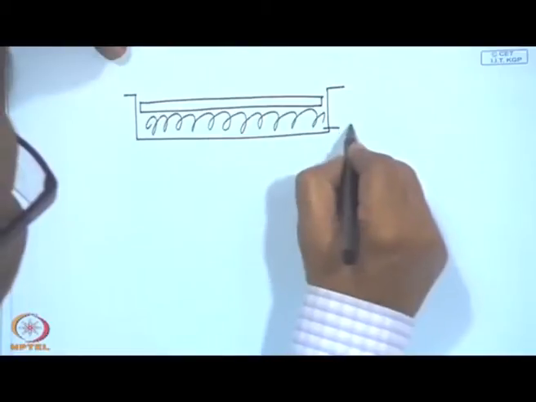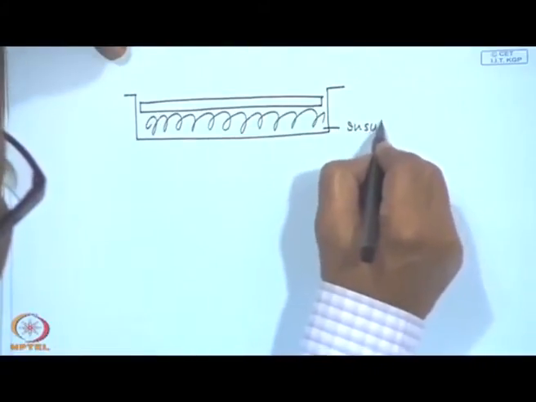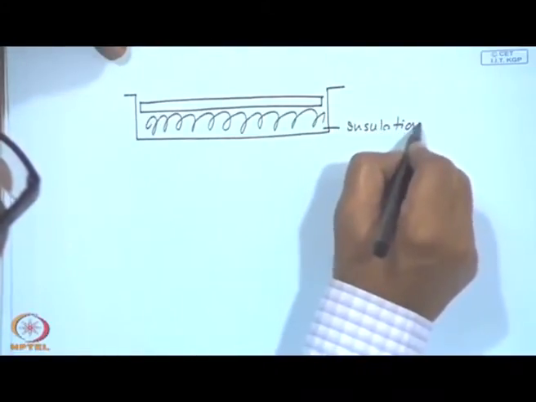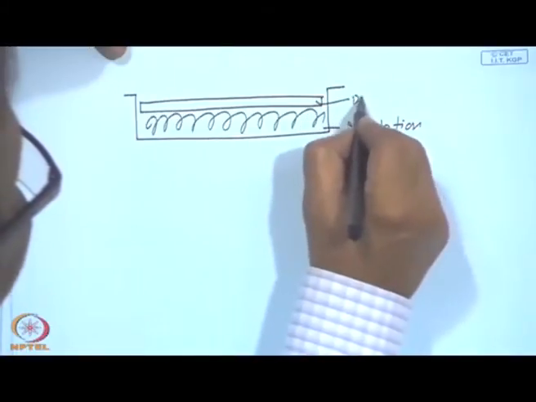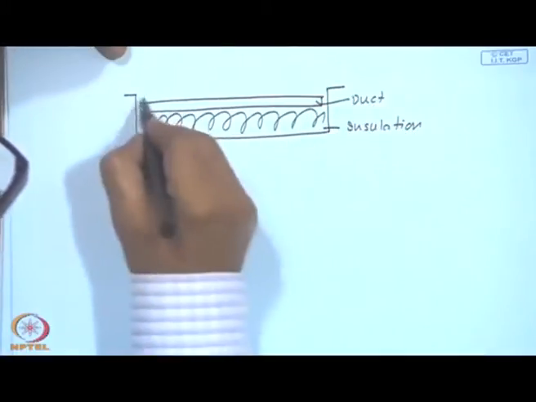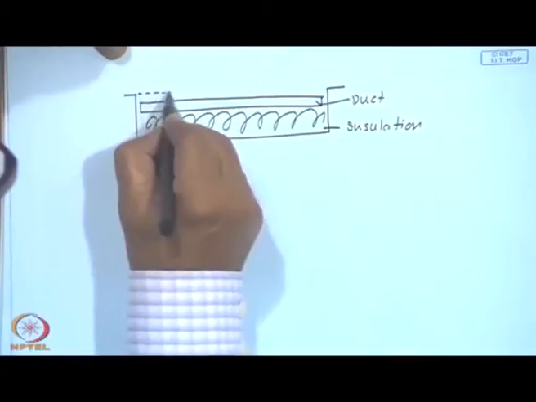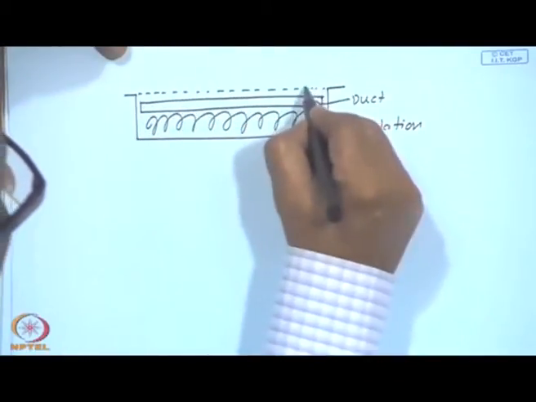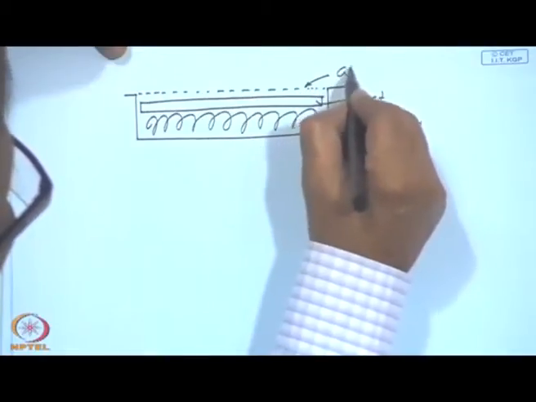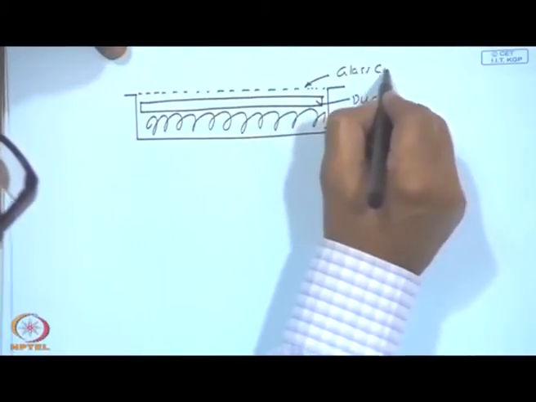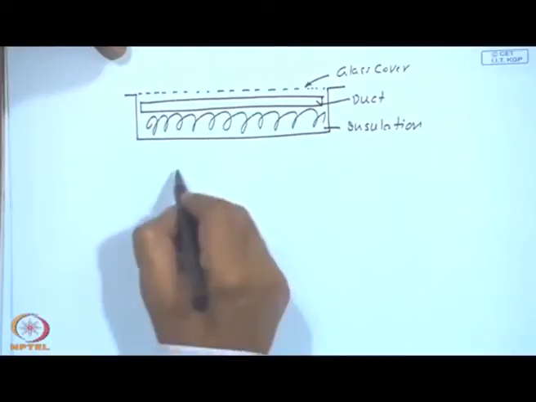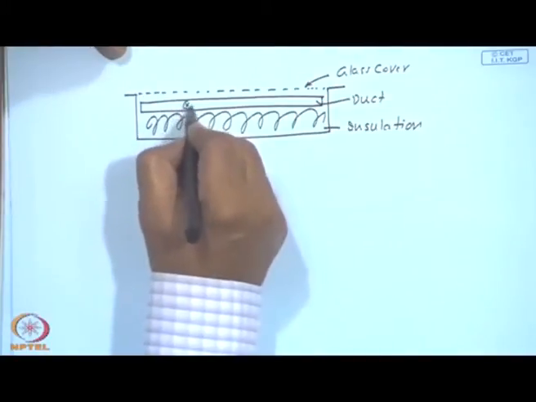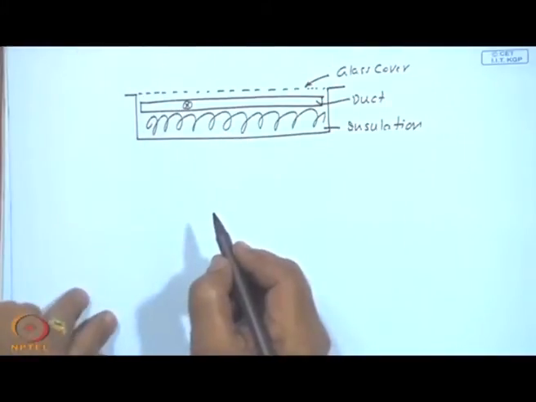This is again the insulation. This is a duct in place of the tube and fin, and this is the glass cover. It may be one or two. Air flows perpendicular to the plane of the board.